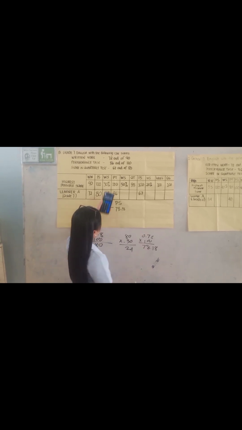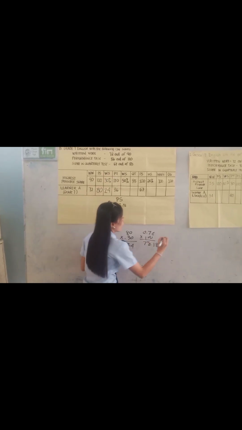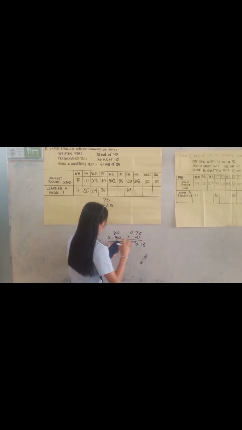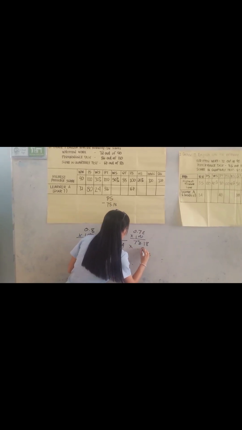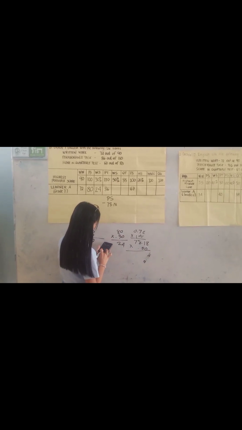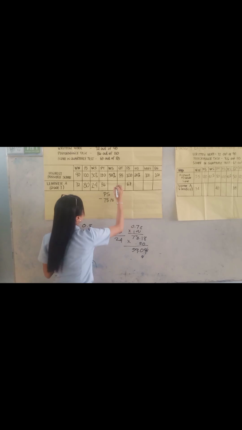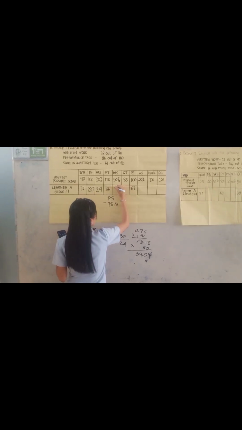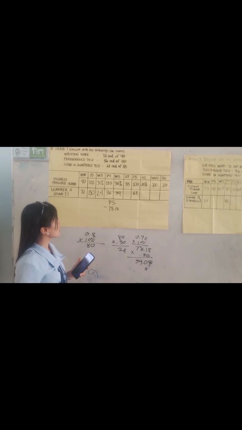So let's proceed to the weighted score. We're going to multiply by 50%. 78 times 0.50 is equal to 39.09. We indicate here 39 as the weighted score of the performance task.